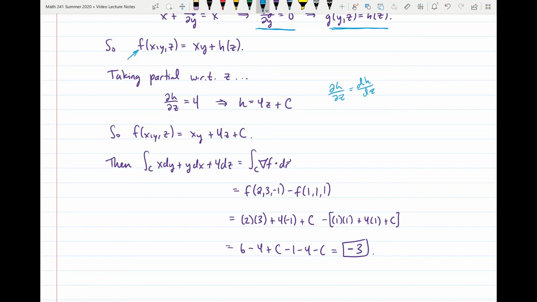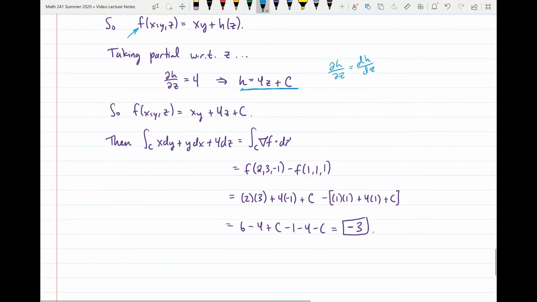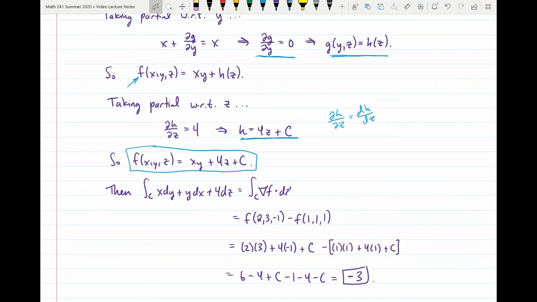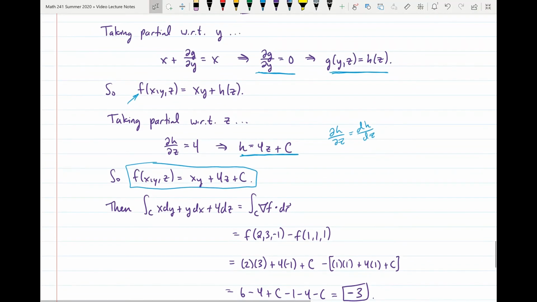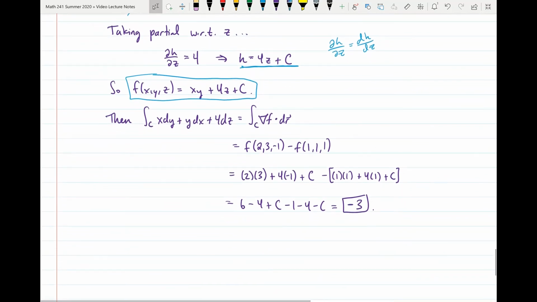And so we just take the ordinary derivative, or the ordinary integral, I should say, and we get 4 times z plus c, where c is a constant of integration here. And ultimately, with a little bit of substitution, we have that f of xyz is equal to xy plus 4z plus c. So this is going to be our scalar function f such that our differential form is the total differential of this function f.